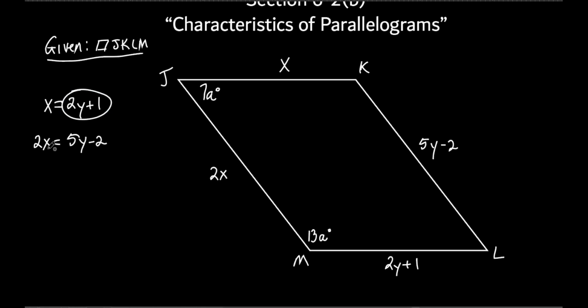Well, this X down here represents the same exact number as this X right here. But what is X equal to? It's equal to 2Y plus 1. So we're going to substitute what X is equal to in for this X right there. Did you do that in Algebra 1? Yeah, that's a common thing that you should have done in Algebra 1. I kind of figured you did.